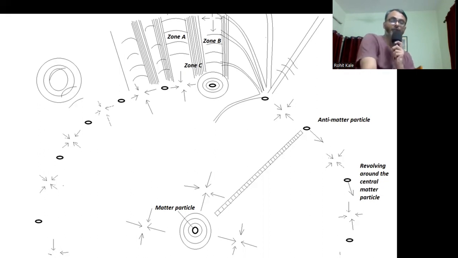So here there is a central core which is almost like a black hole, and in this black hole there is a huge amount of positive energy, which is basically a huge amount of destruction happening. There will be a lot of positive energy particles clumped together, and they will keep destroying compartments.